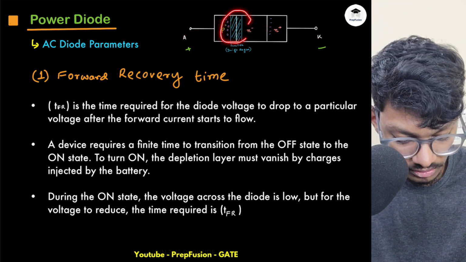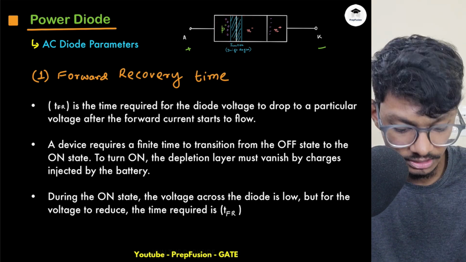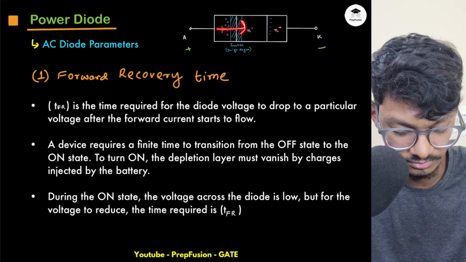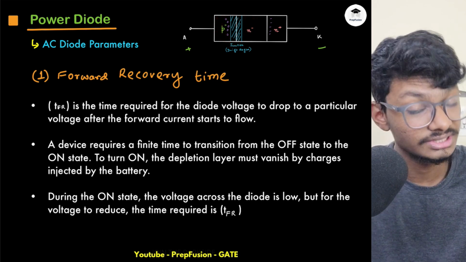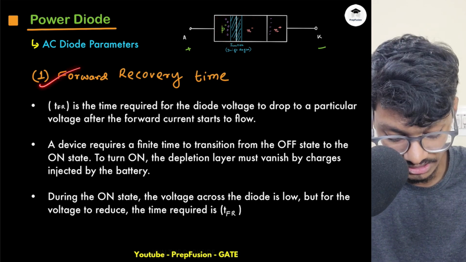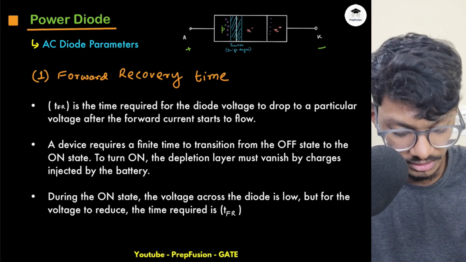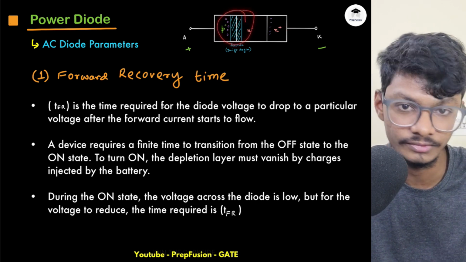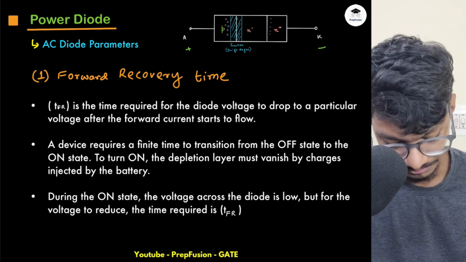But for the depletion width to lower, we will require some time. These charge carriers will pass, and as more and more charge carriers pass, this depletion width will lower. But this requires some time, and that is basically the forward recovery time. Even though I have applied 100 volts instantly, more charge carriers need to flow, then only this depletion width will vanish. So that takes some time, and that is basically the forward recovery time.